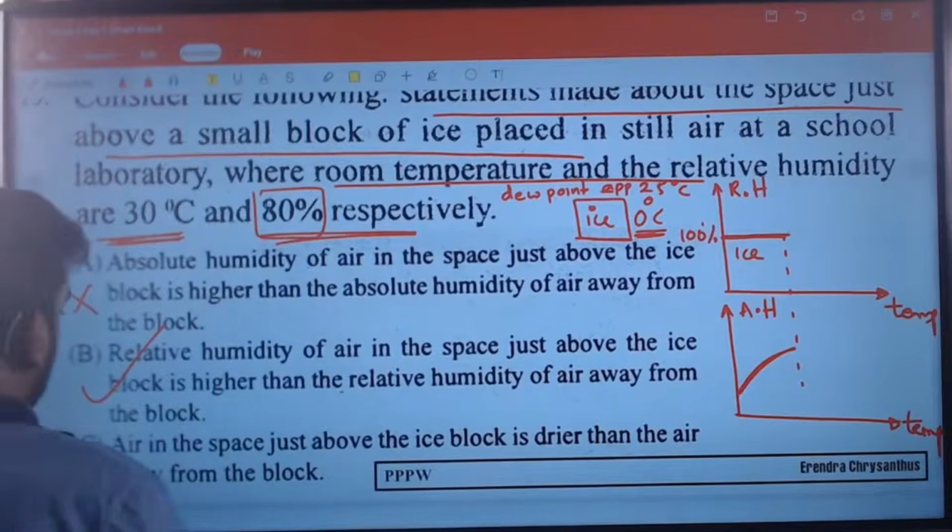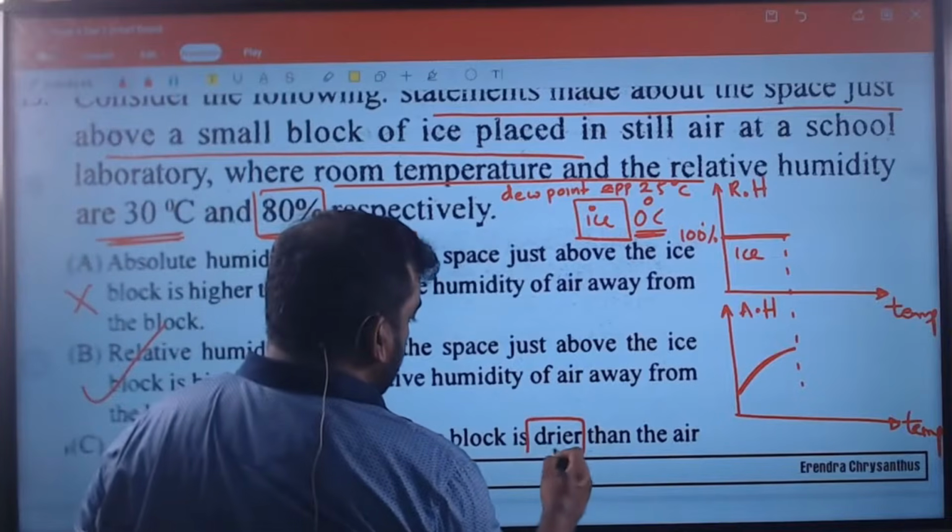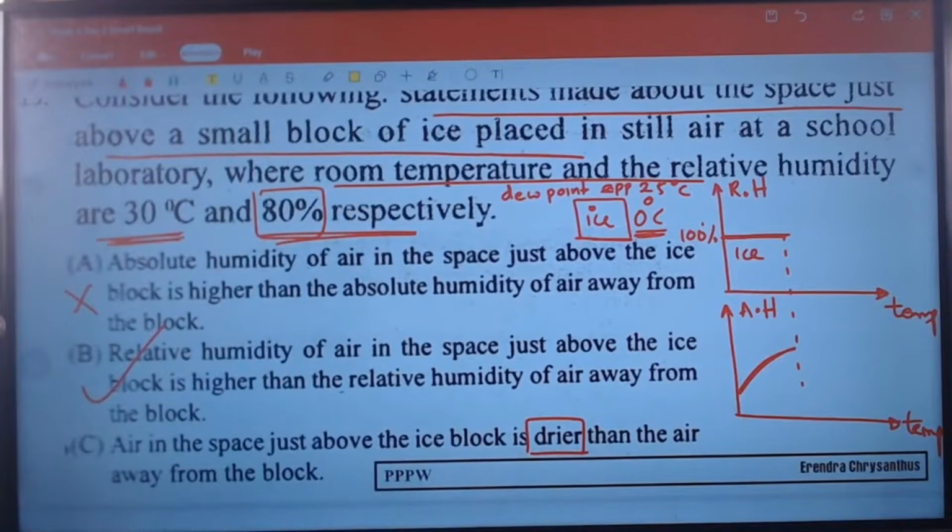Third one: air in the space just above the ice block is drier than the air away from the ice block. Again look. Read the statement carefully. Air just above the ice block is drier than the air away. What do you mean by drier? What do you mean by drier?